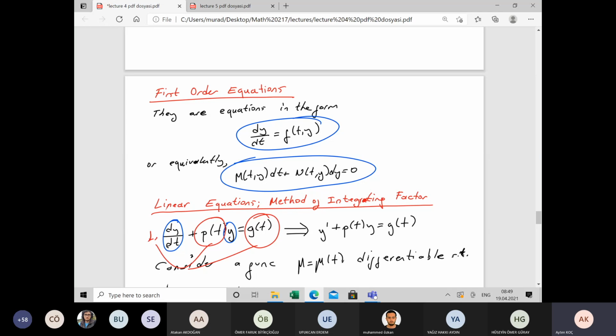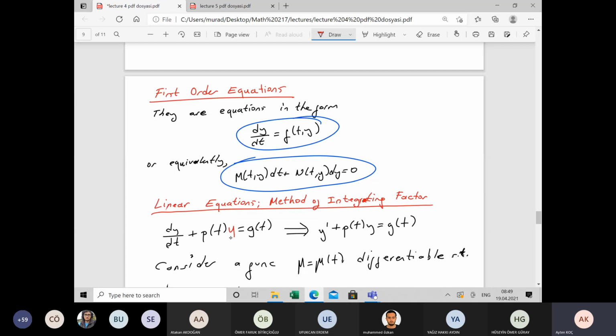So rewrite this one: dy over dt, which is denoted by y prime, plus p of t times y. The coefficient of y is denoted by p of t, and the right hand side is denoted by g of t.